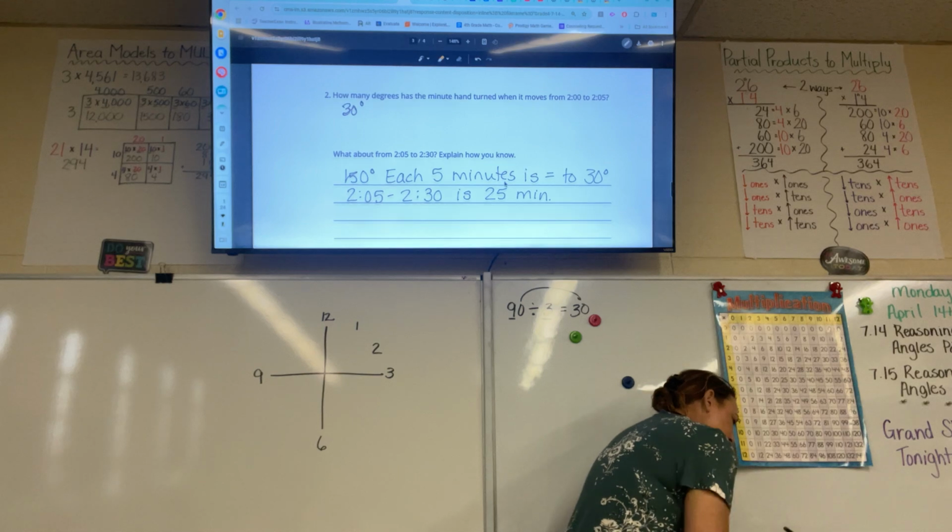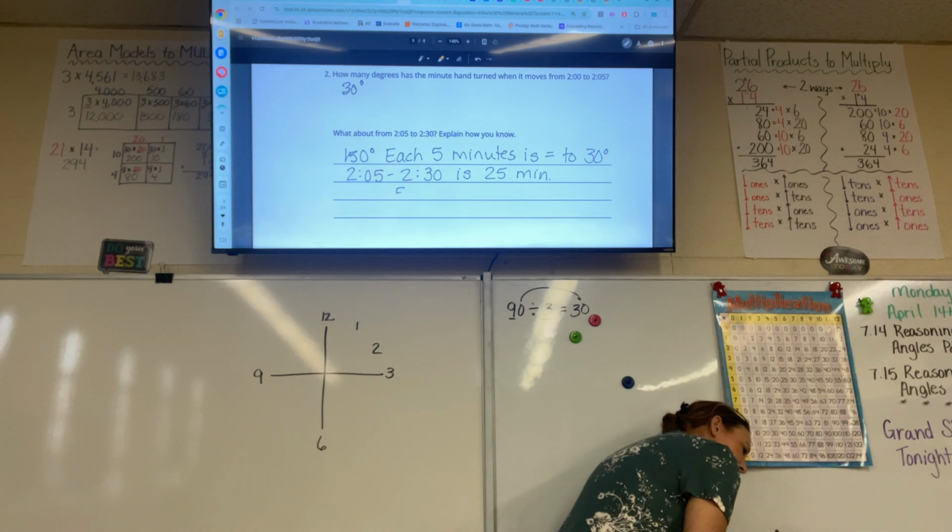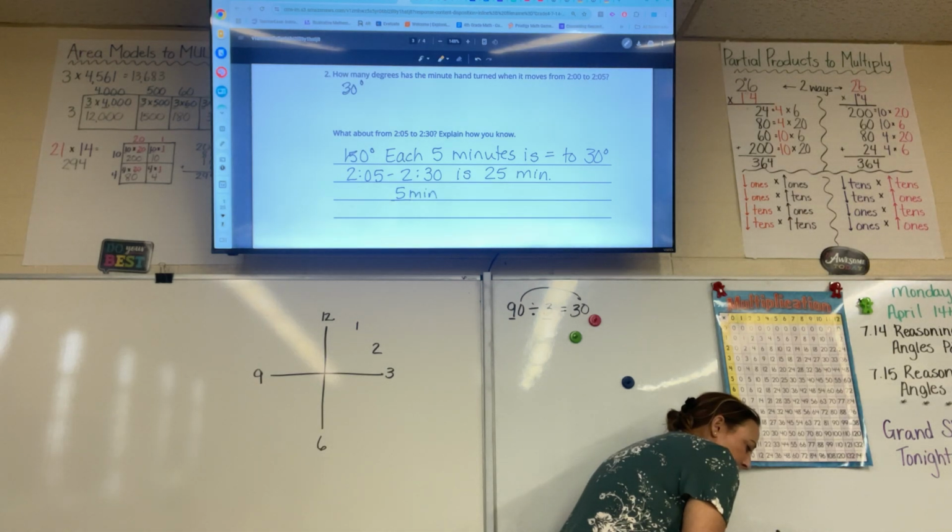And then we can write this. So we're going to set it up like an equivalent fraction. 5 minutes is equivalent to 30 degrees.